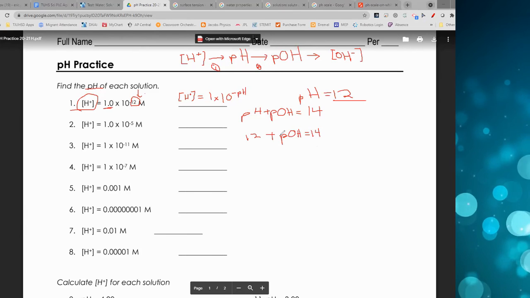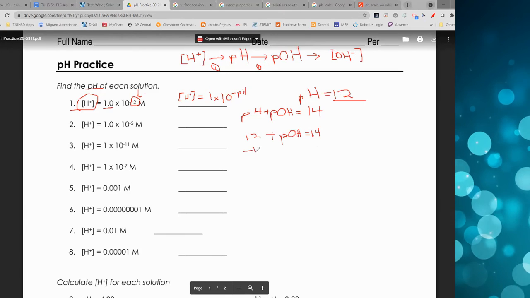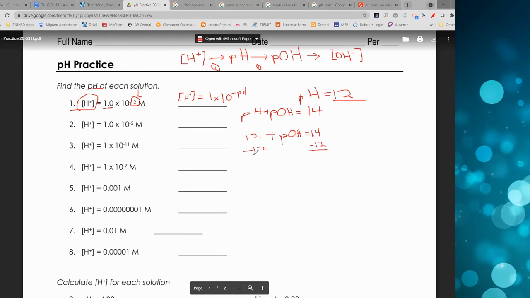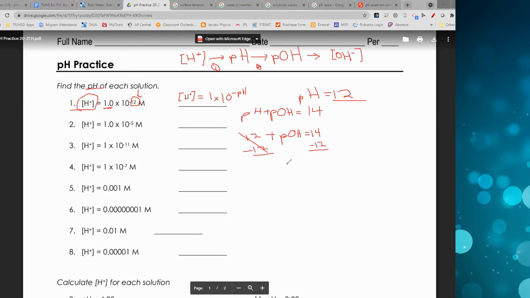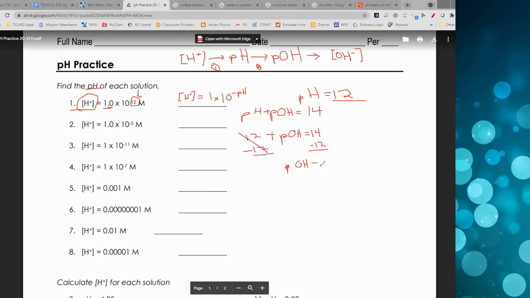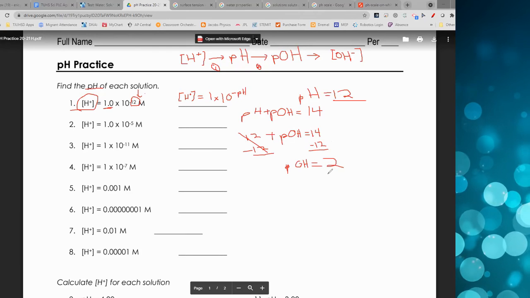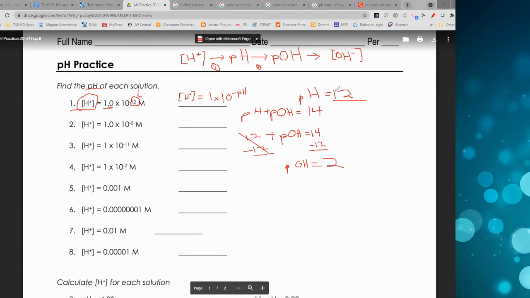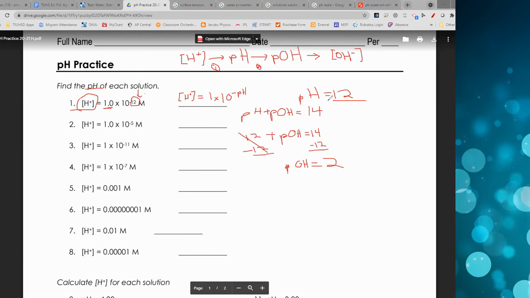Now I just need to solve for my pOH using algebra. Subtract 12 from both sides. So I get that my pOH is equal to 2. So remember, low pOH corresponds to a high pH, which corresponds to a basic solution.